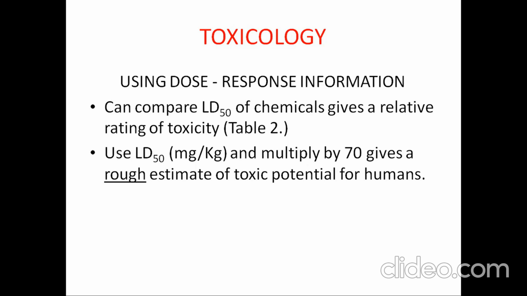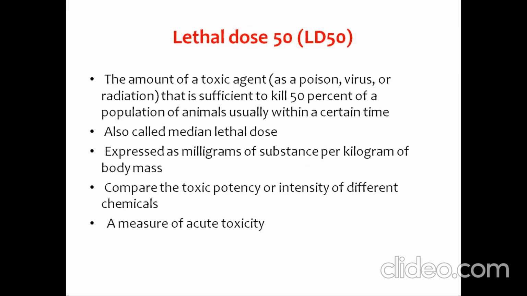Using these response informations, one can compare LD50 of chemicals to give a relative rating of toxicity, and LD50 in milligram per kg multiplied by 70 gives a rough estimate of the toxic potential for human beings. So now we will see in detail the lethal dose 50.